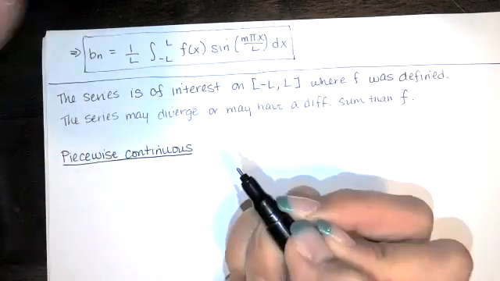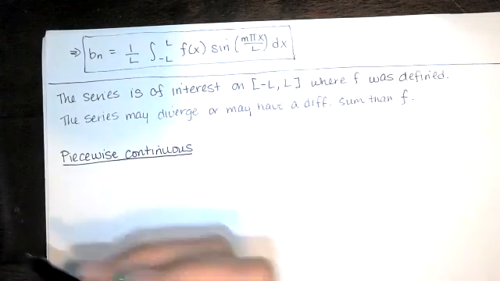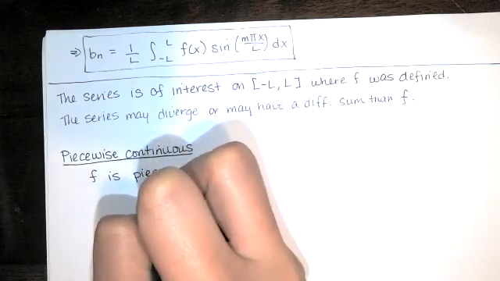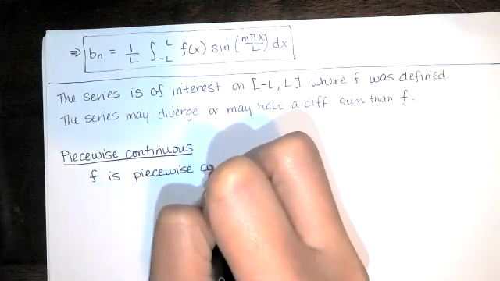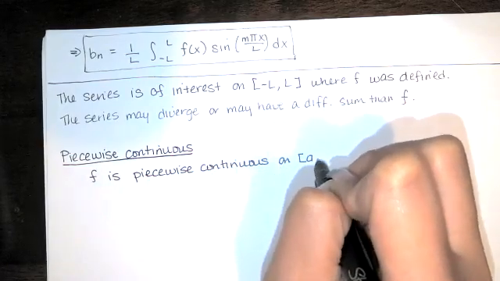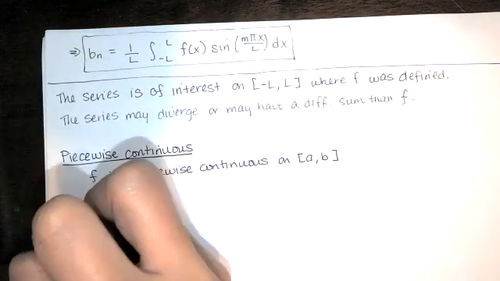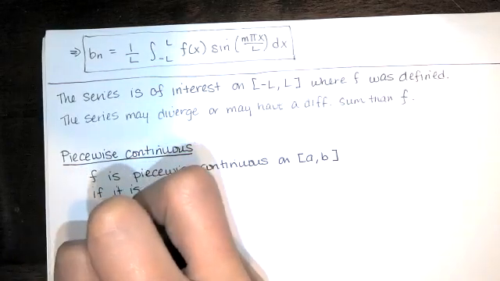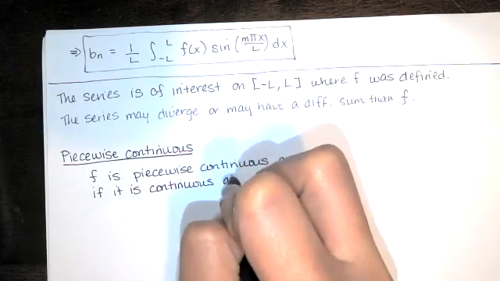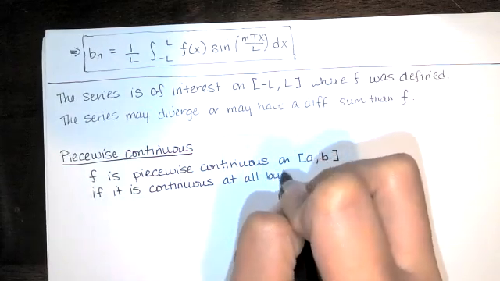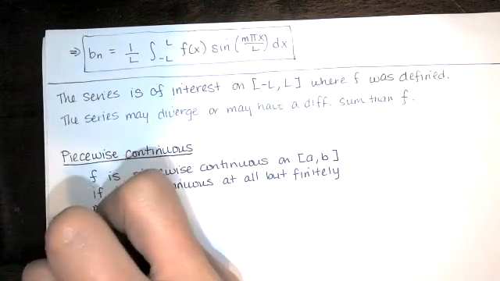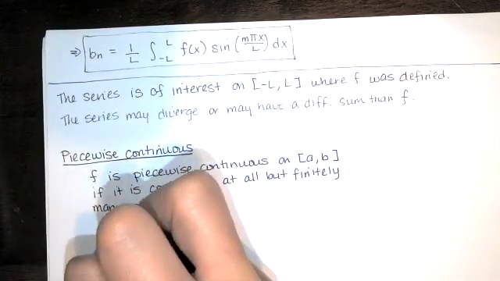We say that a function is piecewise continuous on the interval from A to B if it is continuous at all but finitely many points on the interval.